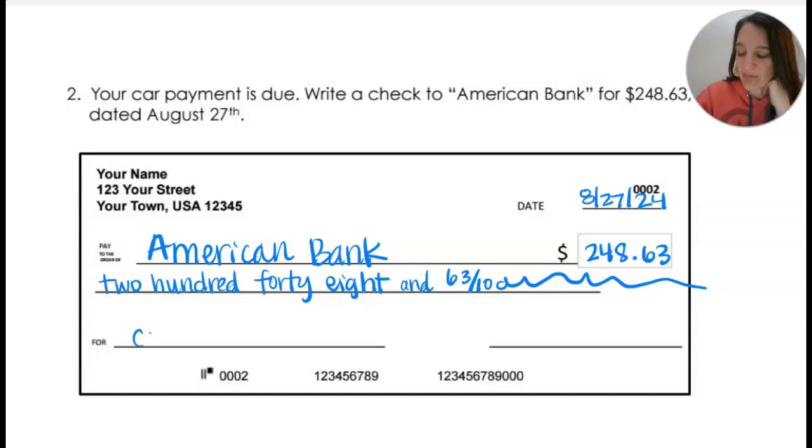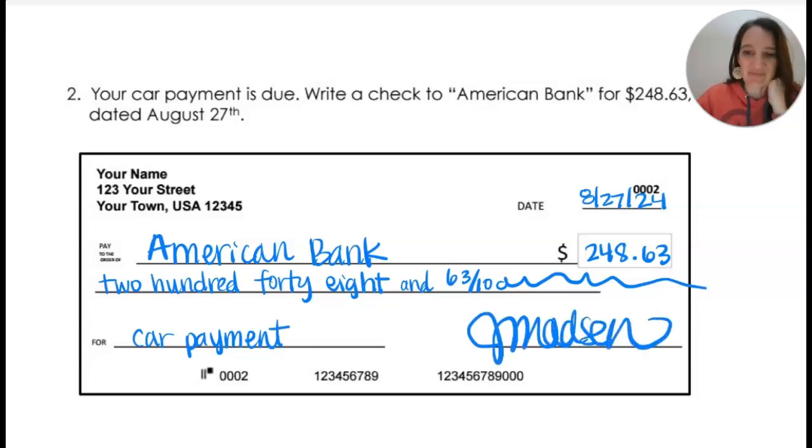That was for my car payment. And finally, my signature. Okay, take that into the bank, and you have got your car payment made. You are that much closer to paying off your loan and owning the car completely.